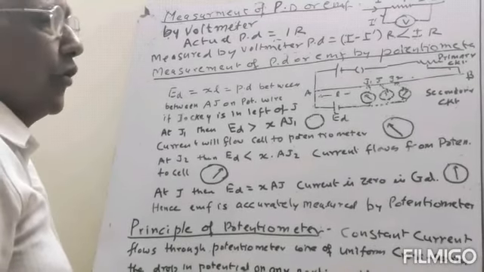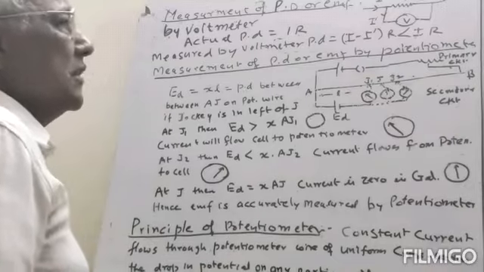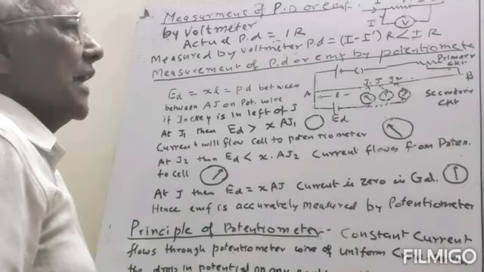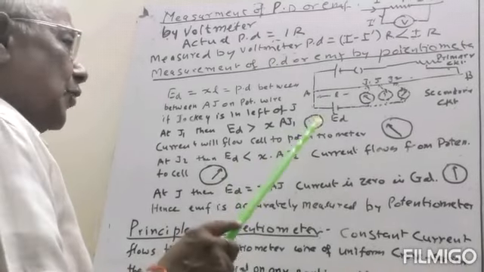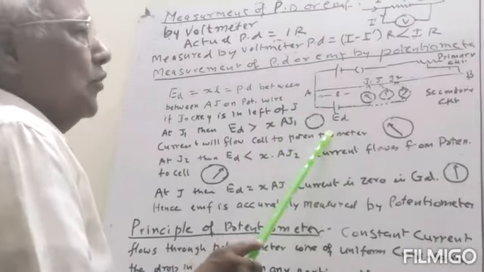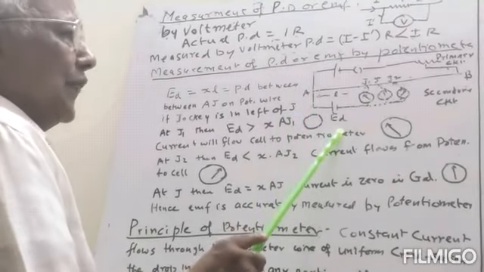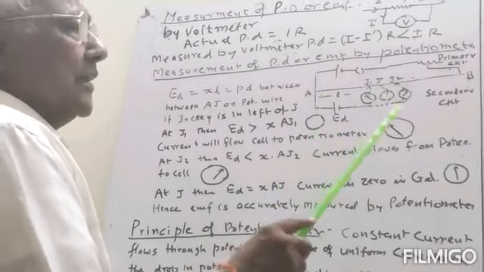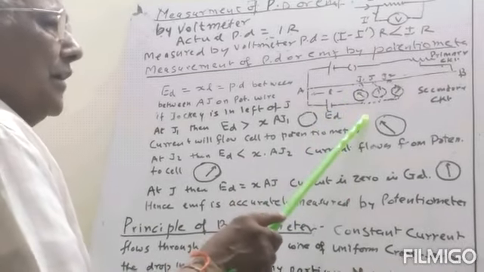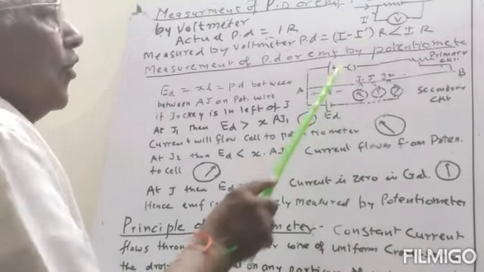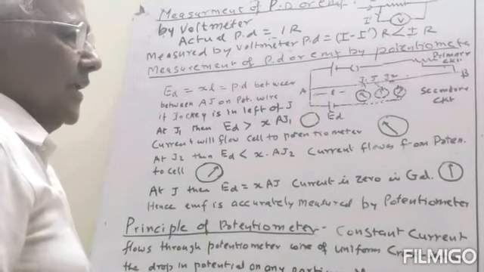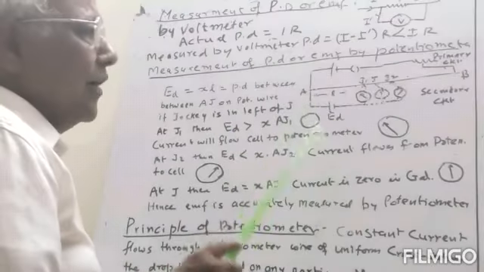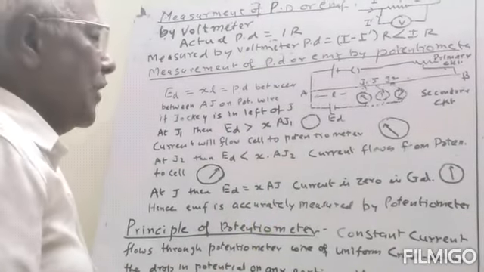A voltmeter gives some but less potential difference than the actual potential, whereas the potentiometer gives the exact value of EMF or potential difference, because it is based on null deflection, meaning there is no current flowing from the cell or the circuit. So it gives the actual value of potential difference or EMF.